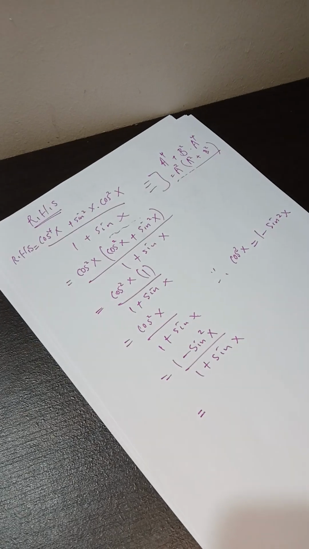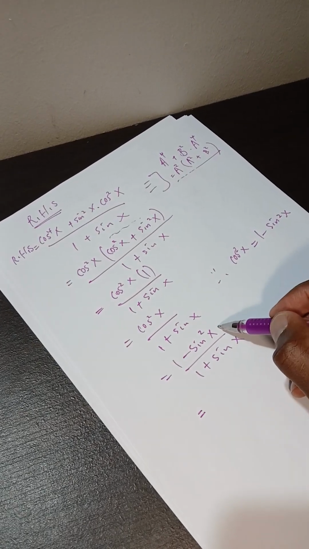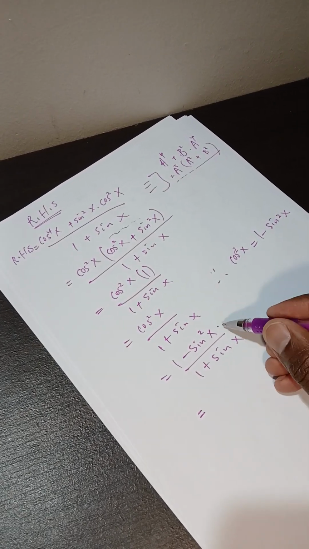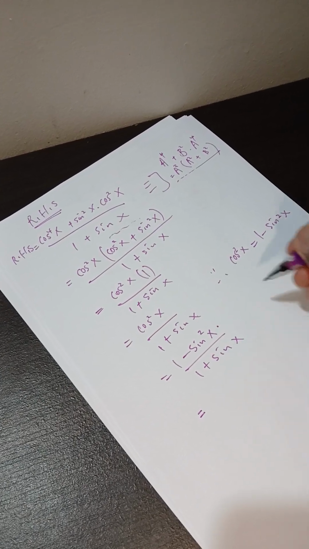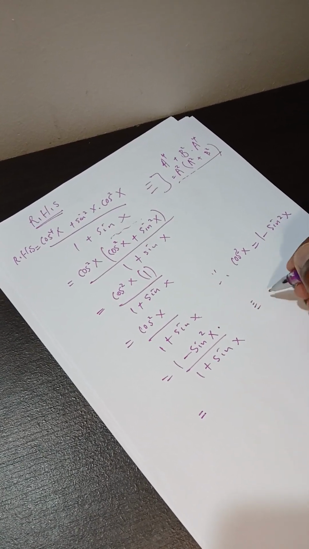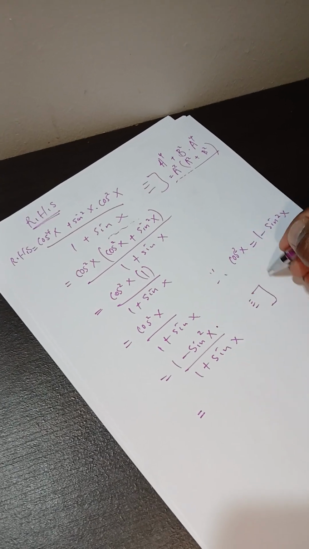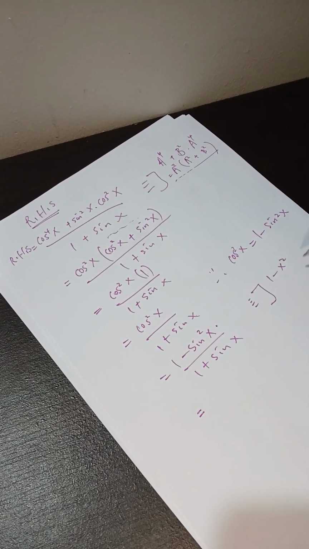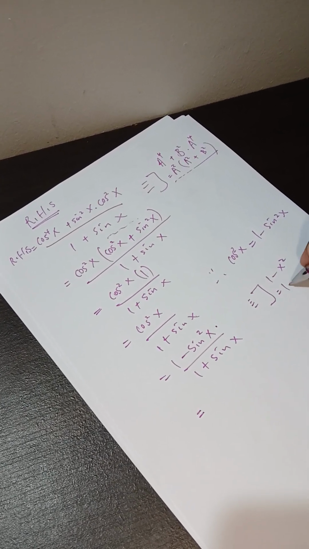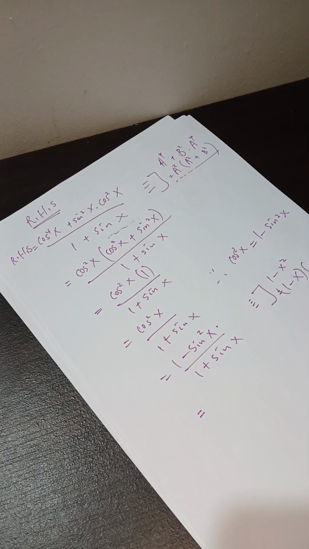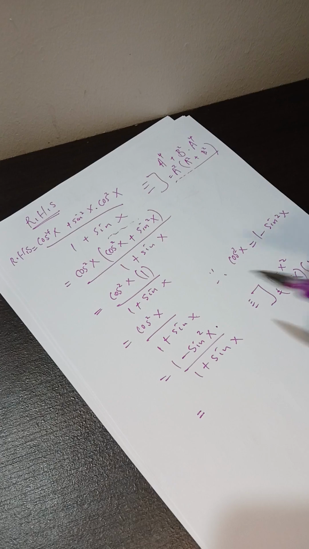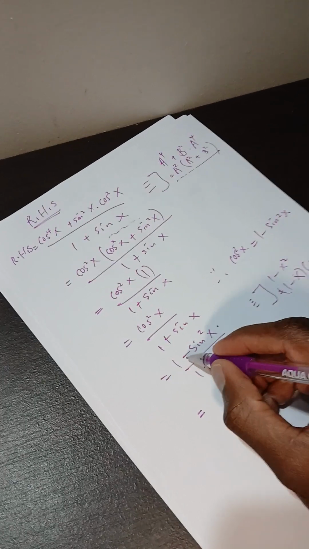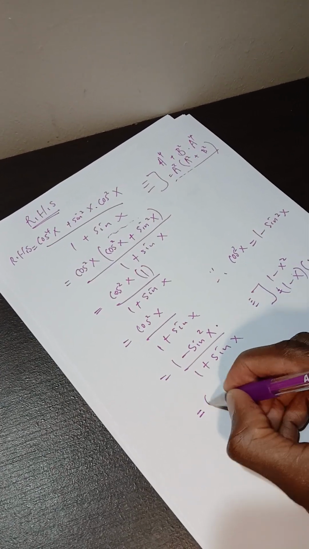Moving on, we can now simplify this further. How can we simplify this? If we had 1 minus x squared, this would be equivalent to 1 minus x into 1 plus x. This is our basic algebra. Therefore, we apply that basic algebra here.